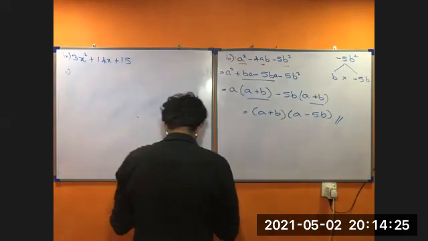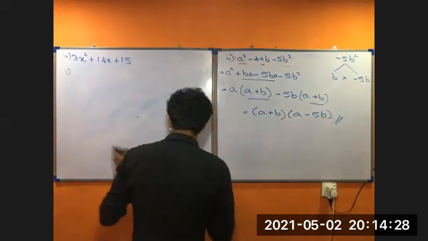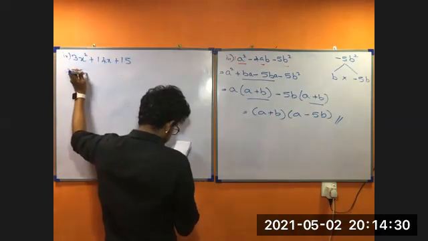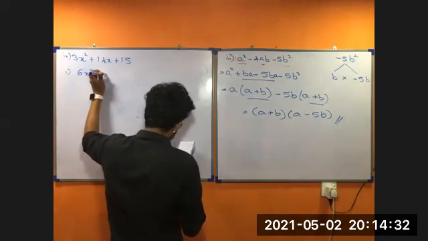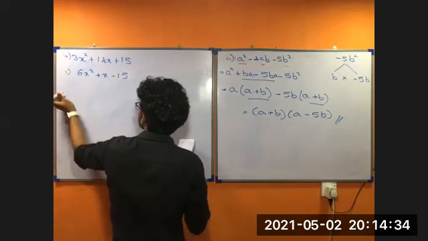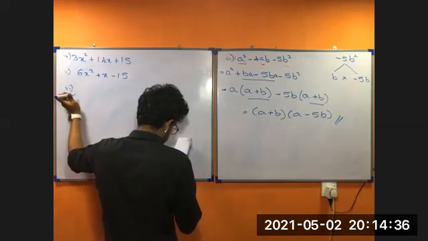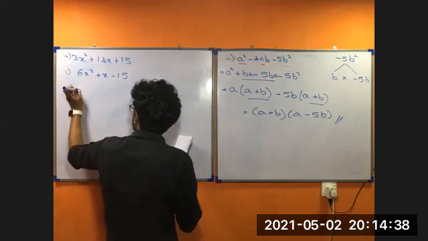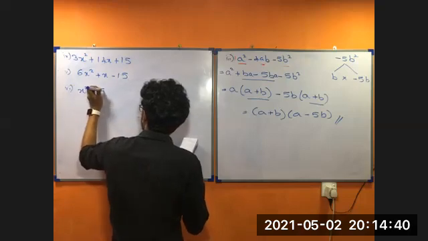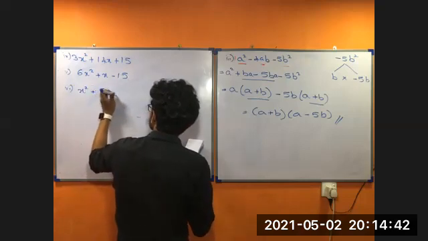Number 5, 6x squared plus x minus 15. Number 6, x squared plus 5 over 2 x plus 1.